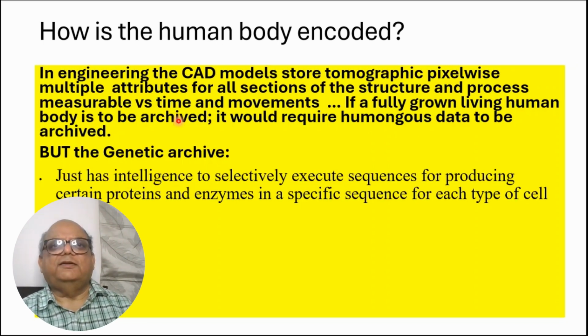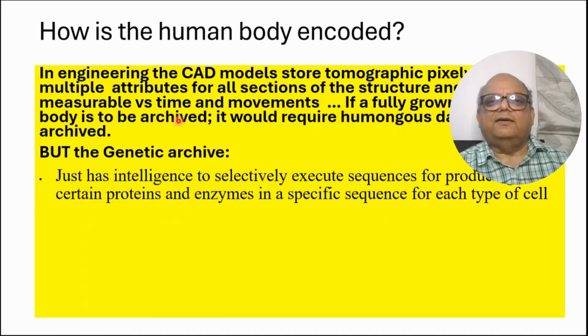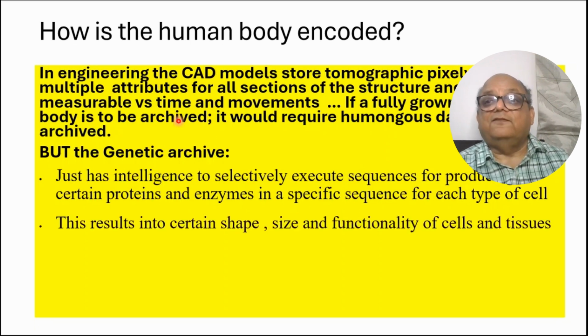So depending on where it is, which type of cell it is, and what the bookmarks are, certain sections of genes have to be read, expressed, transcribed and translated, and the rest remain dormant and are just passed on to the daughter cells as archive. It doesn't seem that anywhere they have the information of the full body or a map of the full body or pixel-wise details. No, there is no such thing.